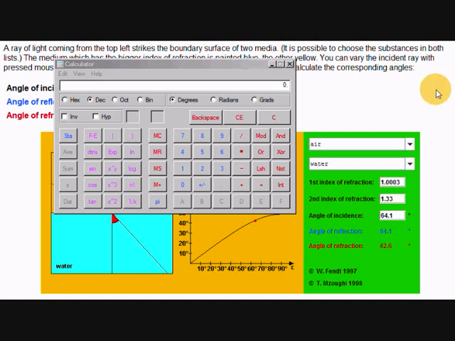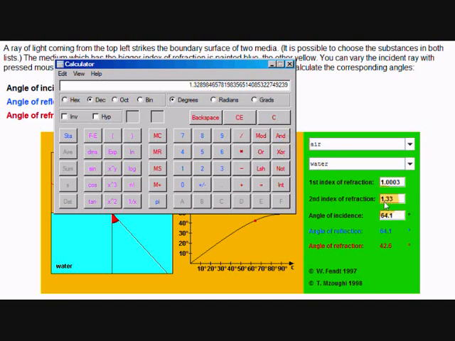So 64.1, I'm just going to click on that, 64.1, press the sine, divided by 42.6, sine, and the answer is 1.3289, which rounded off to 2 decimal places would be this number here, 1.33.